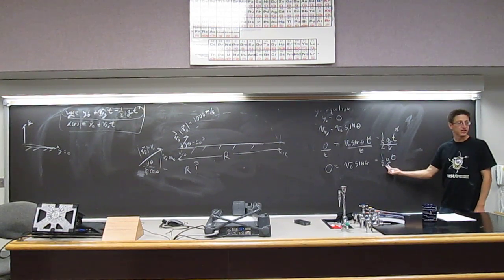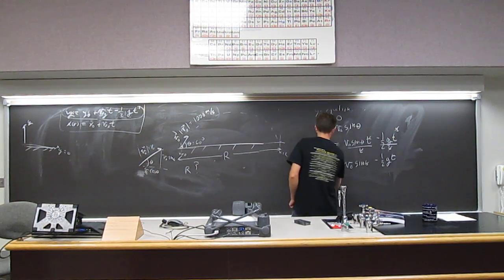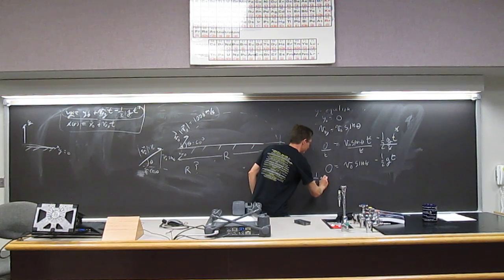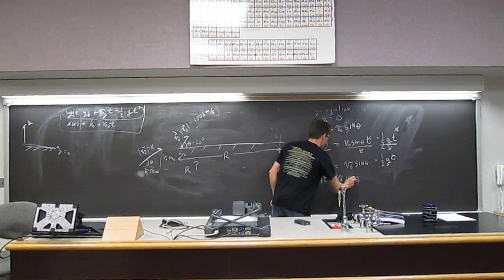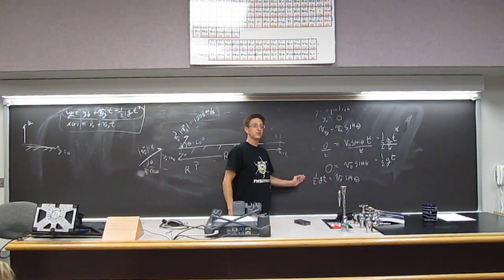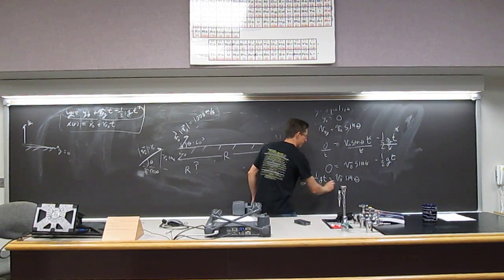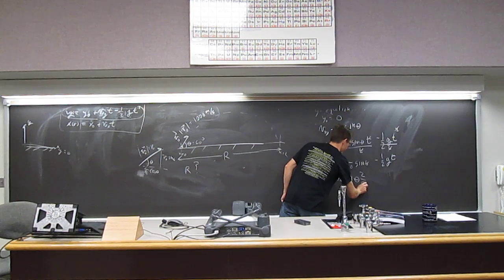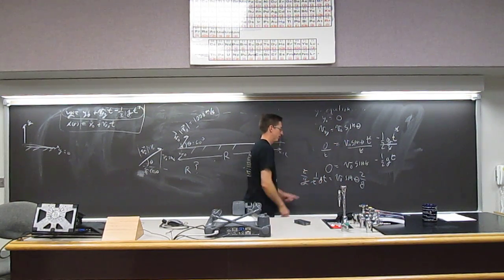Add 1/2 g t to both sides of the equation. So I would get 1/2 g t is equal to v naught sine of theta. Multiply both sides of that equation by 2 over g. That'll cancel this g and this, and I'm left with the time here.